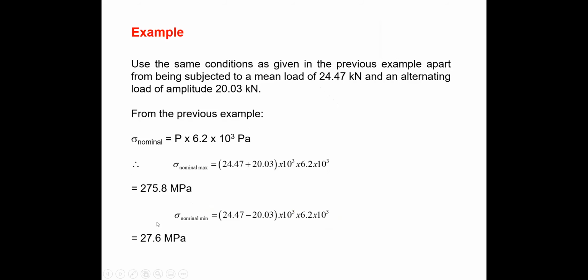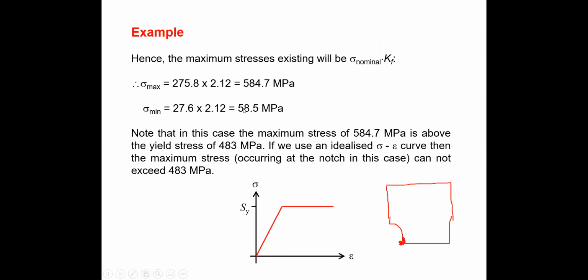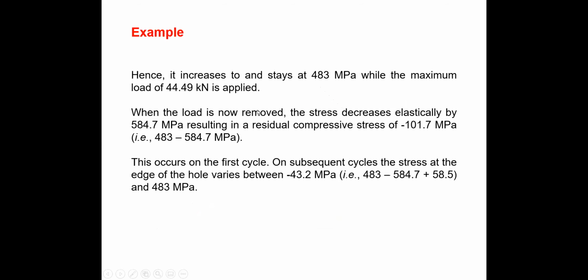With the calculation, the minimum value is 58.5, but there is a gap between these two. You can see the 40 between these two, the maximum value 44.49. So what you can do is the compressive side will be increased by this much. So you can get this summation. Okay.